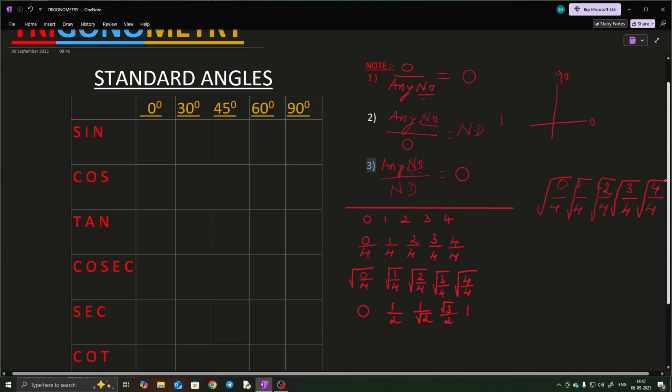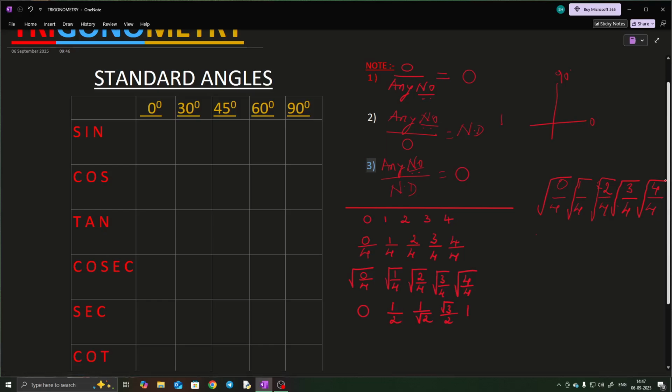Now you're going to remove these numbers out of the root sign. 0 divided by any number is going to be equal to 0. So square root of 0 is going to be equal to 0. You can see here. Then square root of 1 is 1 and square root of 4 is going to be 2. So 1 by 2. Next here, inside the root sign it gets cancelled. 2 1s are 2, 2 2s are 4.